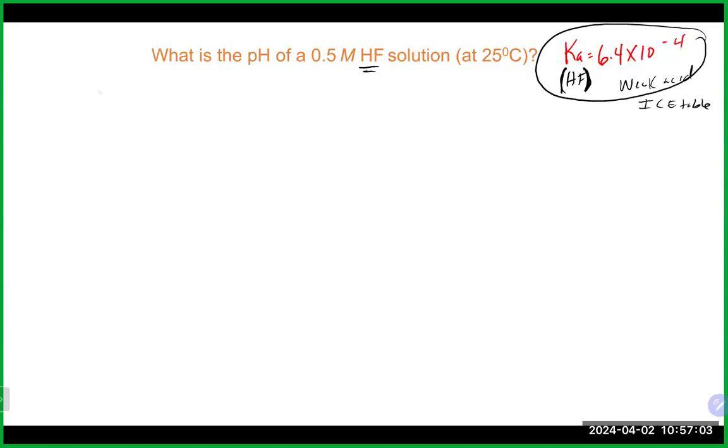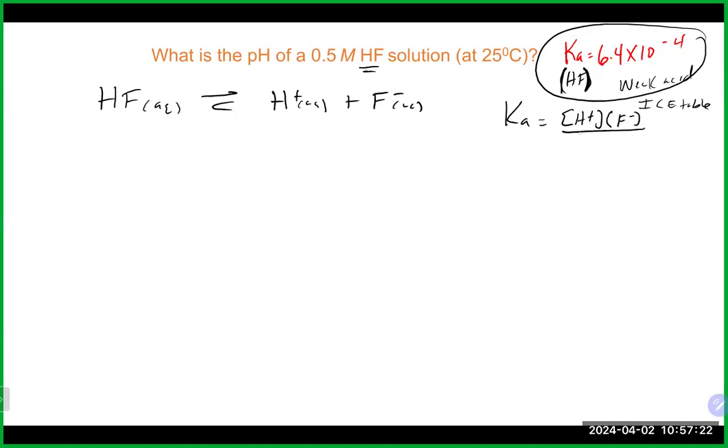So we'll start with our weak acid, which is going to dissociate and break apart into H plus and F minus. You also write our Ka value here, which would be H plus and F minus divided by HF, and that's going to equal our 6.4 times 10 to the minus 4.